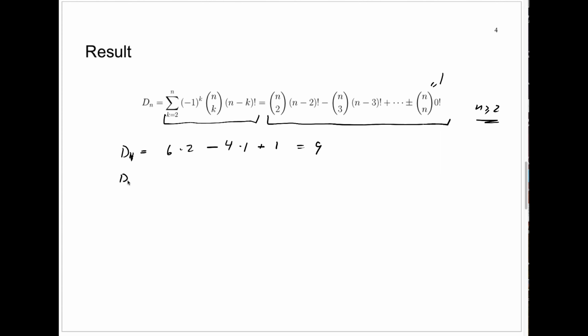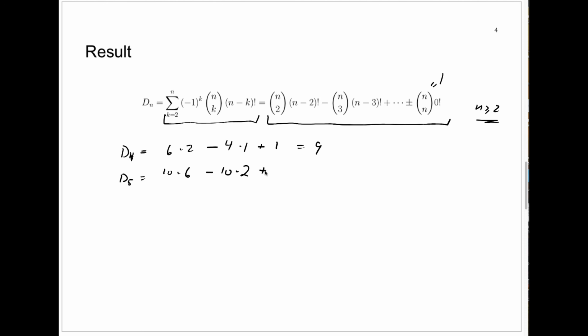One more quick computation. What is d5? d5 is 5 choose 2, which is 10, times 5 minus 2, which is 3 factorial, which is 6, minus 5 choose 3, which is 10, times 5 minus 3, which is 2 factorial, that's just 2.